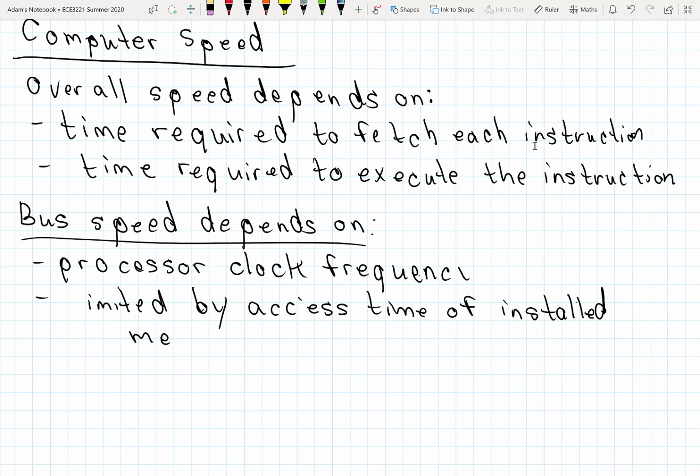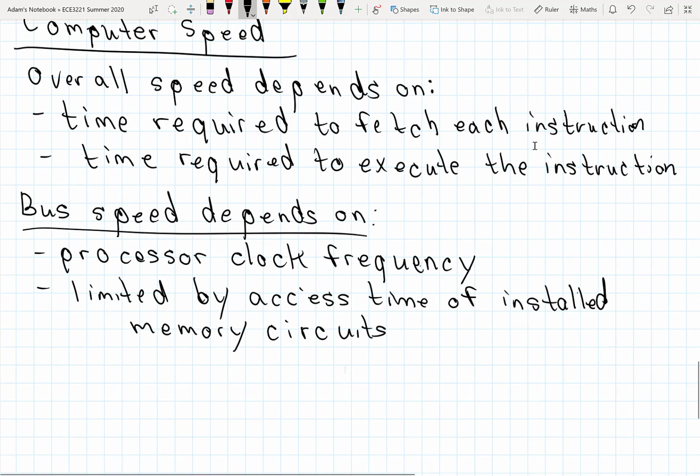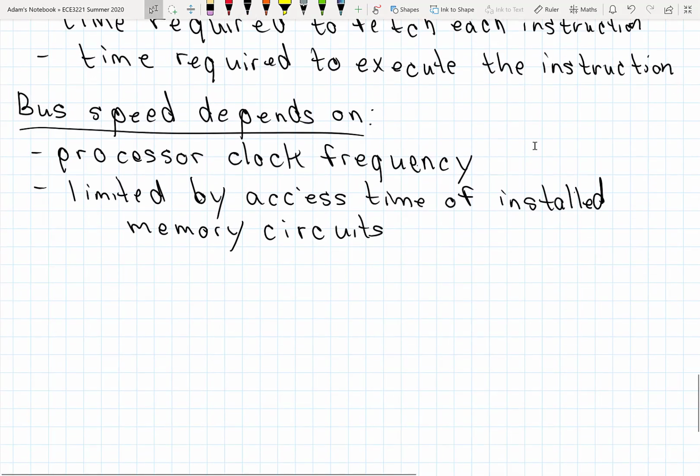Oops, this should be limited, sorry. So this relates to the fetch part of the cycle. We can only fetch when a clock edge is occurring, so it's dependent on that processor clock, but we also can't pull data out of the memory faster than the memory can provide it, and that's limited by the access times of the memory.